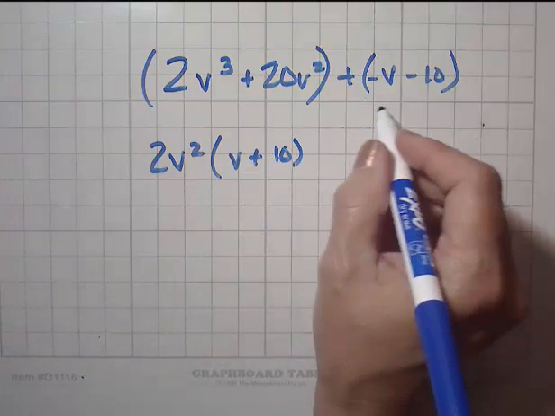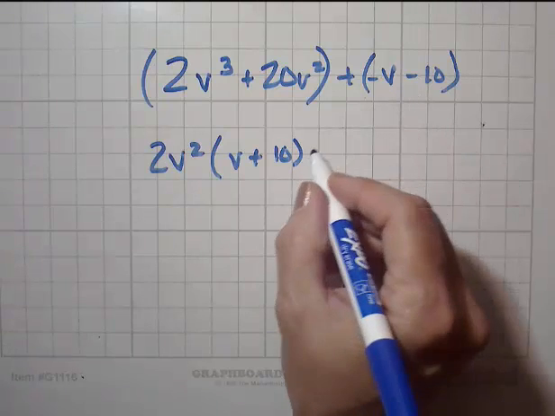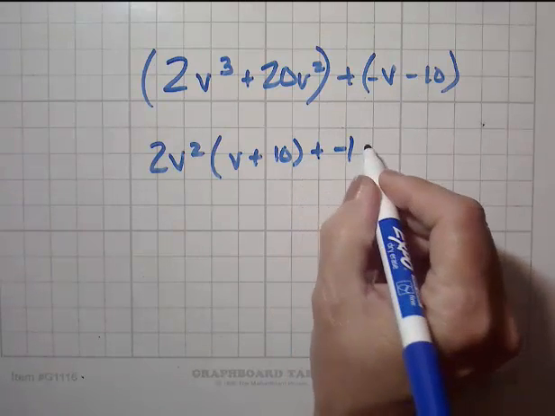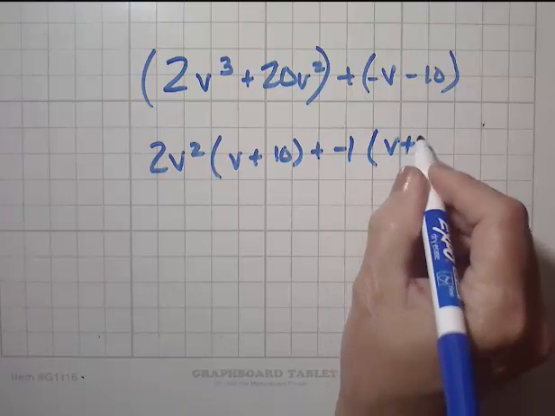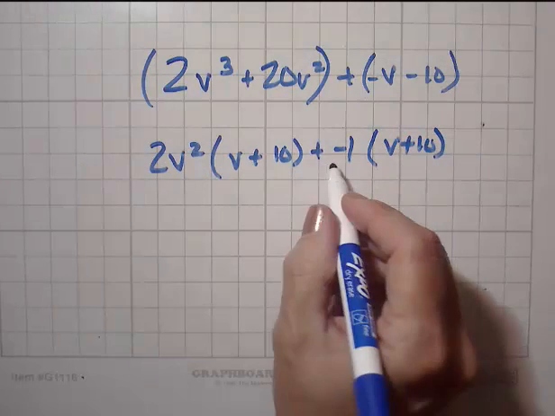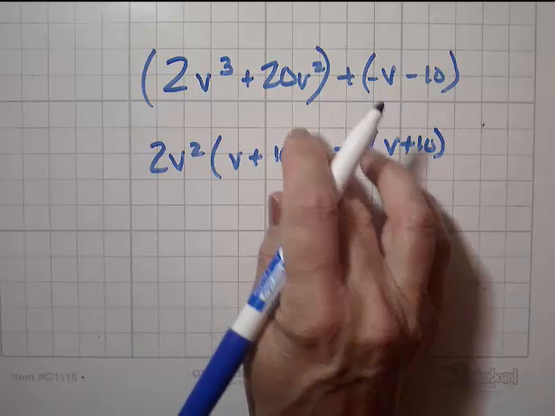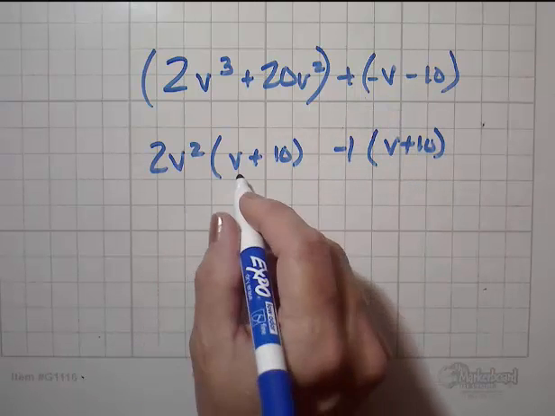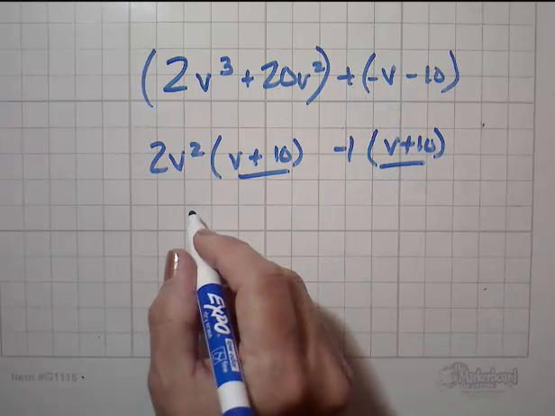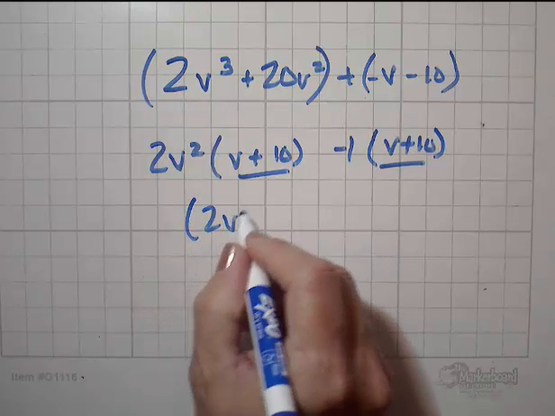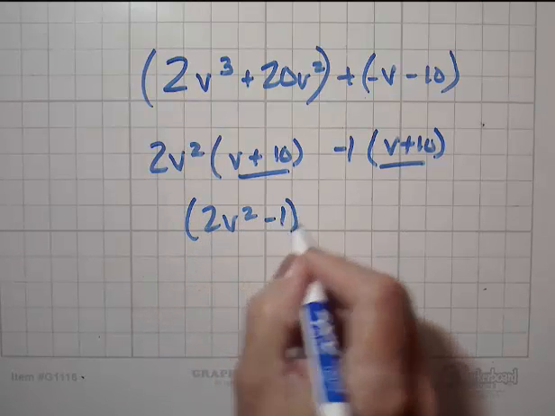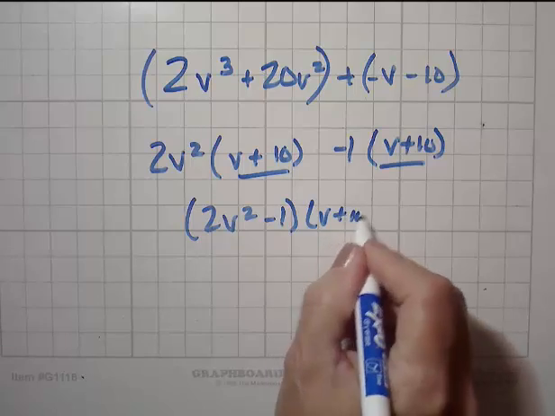And when I look at this, if I want this to be v plus 10, it seems to me that if I take out a negative 1, I'm left with a v plus 10. I can put a plus negative or just a minus 1, but since this and this are identical, my factored form is 2v squared minus 1 times v plus 10.